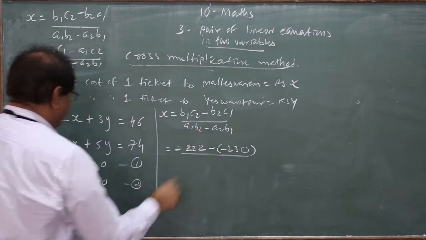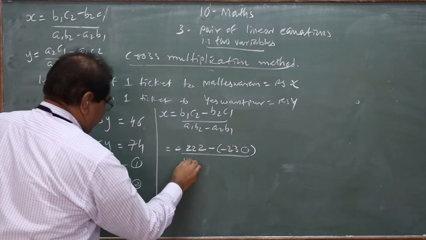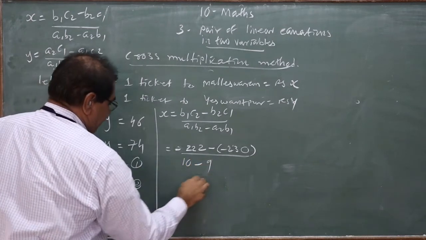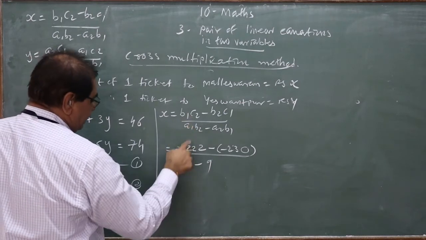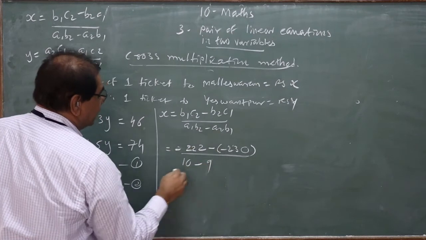Whole upon A1 B2, 5 2s are 10, minus A2 B1, 3 3s are 9. Okay, B1 C2 minus B2 C1 upon A1 B2 minus A2 B1.